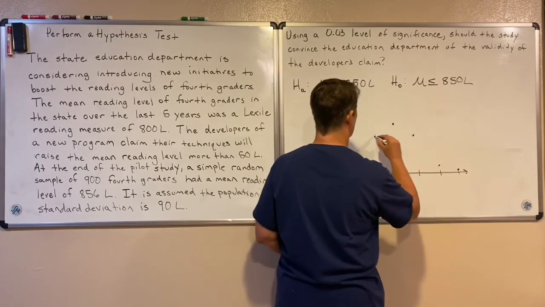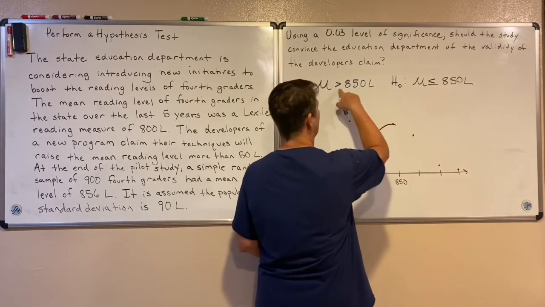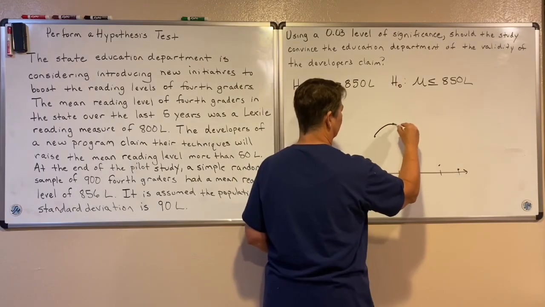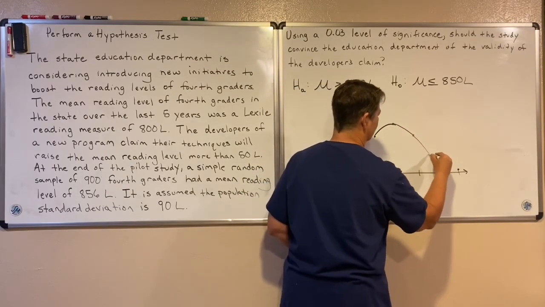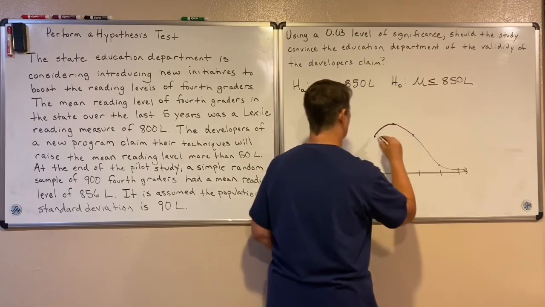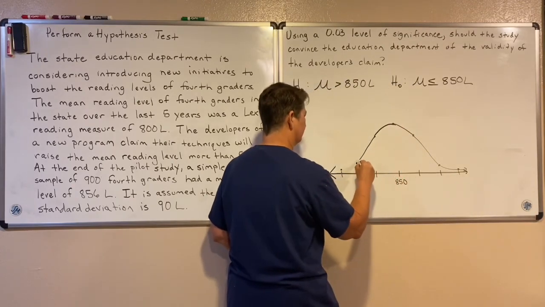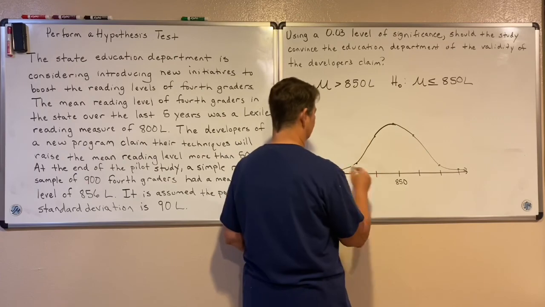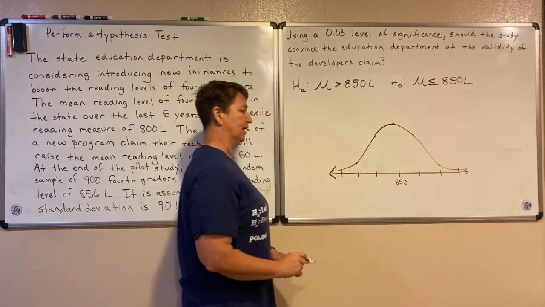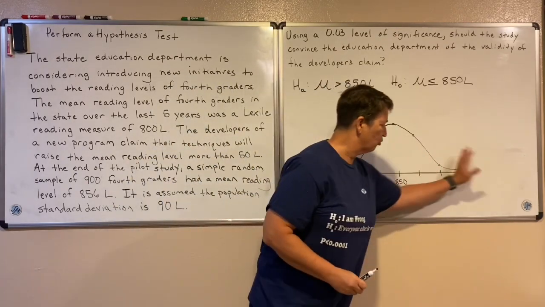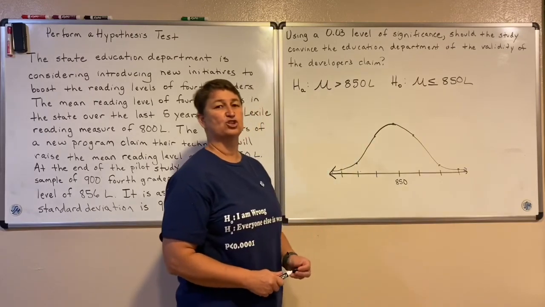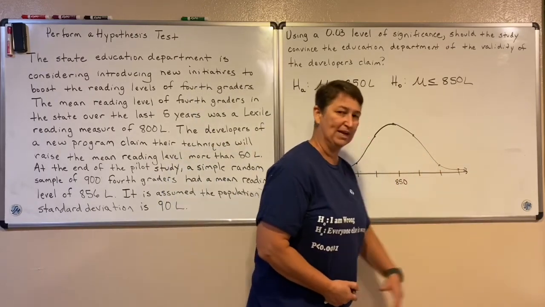I know that we are performing a right-tailed test. So we're looking for a test statistic that is far enough to the right to convince us that we have enough data to support that claim. So our rejection region is going to be on the right.